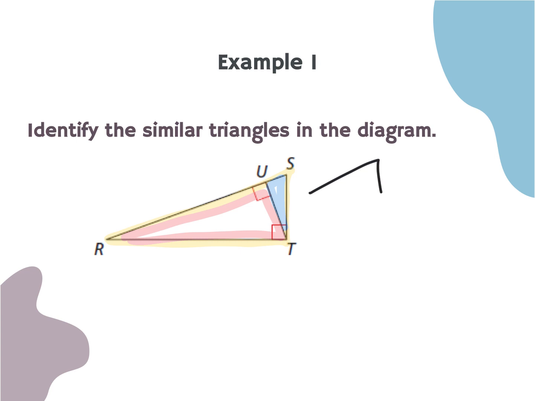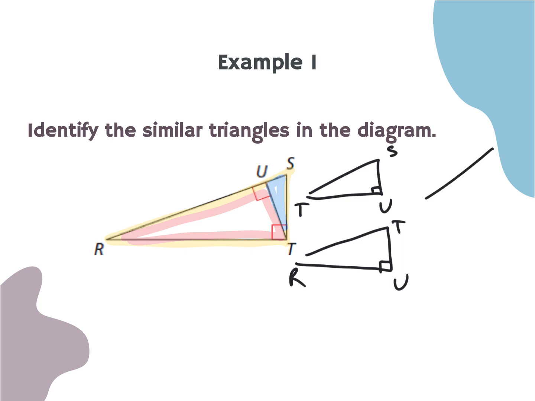Now, I'm going to draw the triangles right here. So, TUS, so that's the blue one. I'm trying to draw it to the best of my abilities. RUT, and then the third triangle, it would be RTS. The only reason I drew them like that is to be able to write the triangle similarity statement a lot easier because I can go in order.